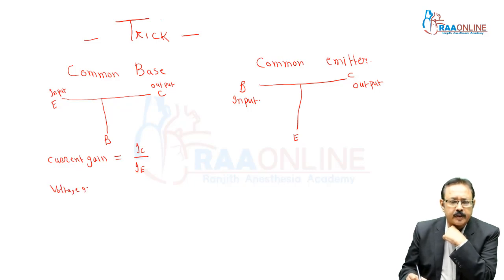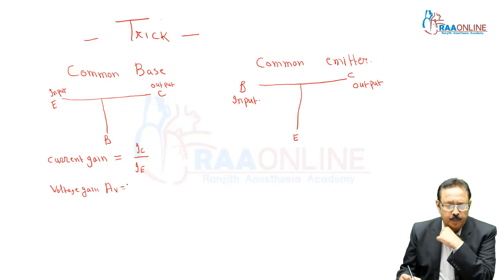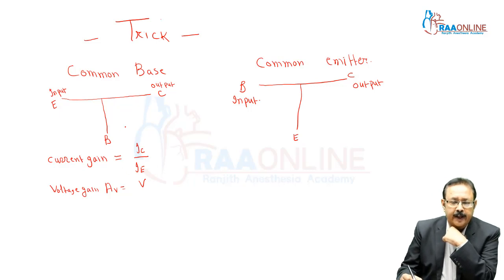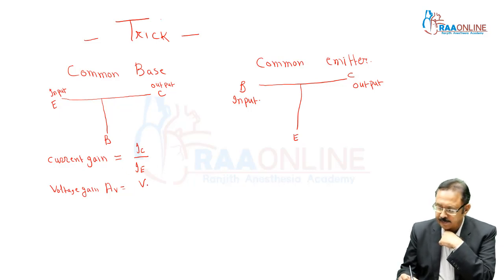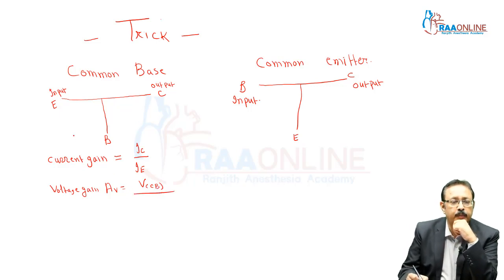What is voltage gain? Voltage gain means what you get in output, meaning voltage of this junction, collector base, is output voltage. What you supplied in input, it is EB.